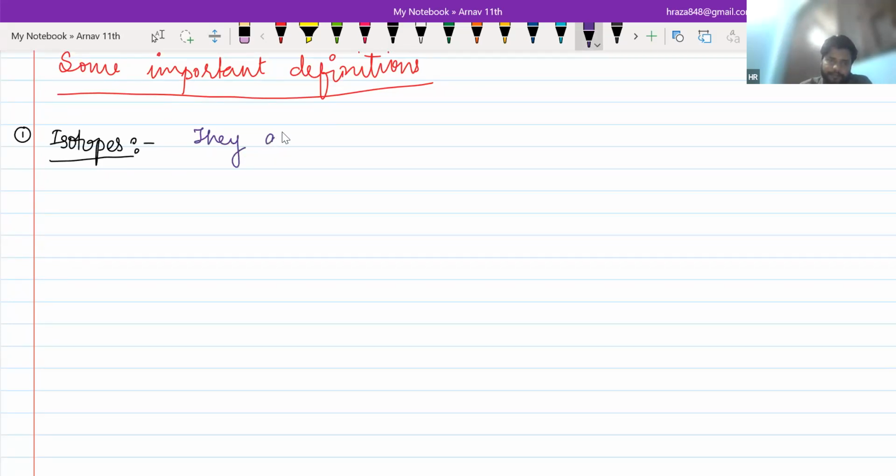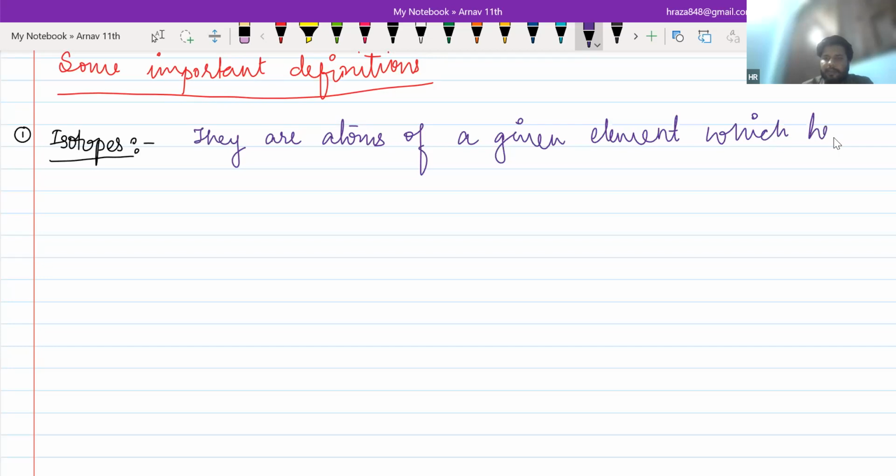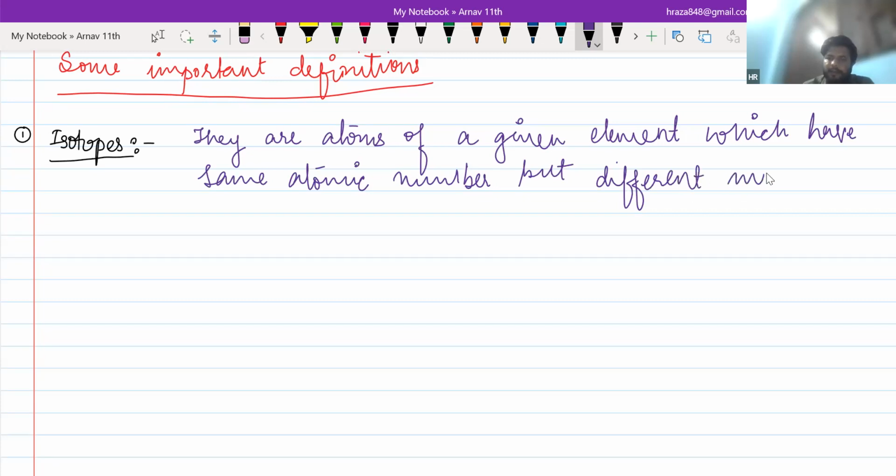They are atoms of a given element which have same atomic number, but different mass number.